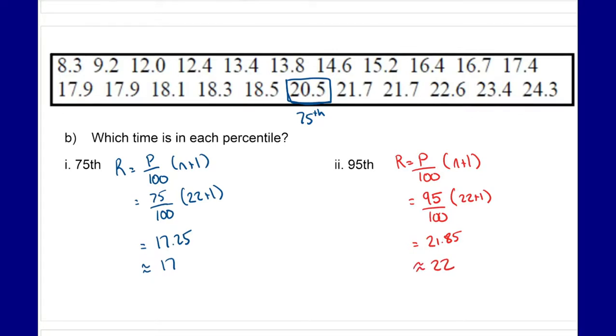So 22, this puts us at the very last one. So this means that the final score of 24.3 is the 95th percentile. So 95% of the data is below that value.